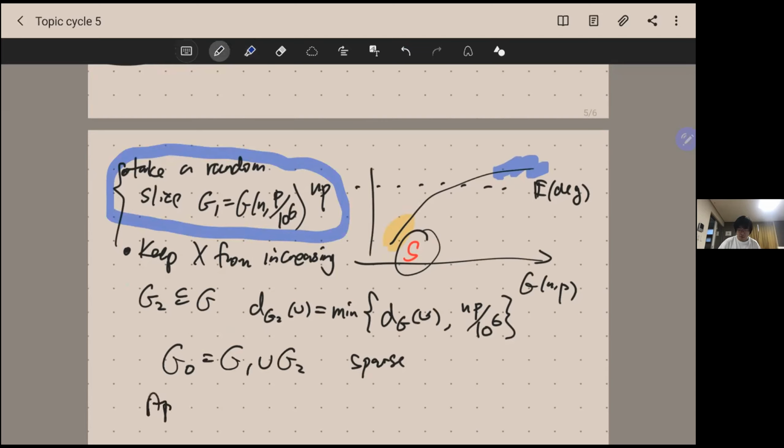You also have to check that the blue box here, the G1, satisfies the upper uniformity and large set expansion. That's by proposition 418. A standard thing here, not so hard.